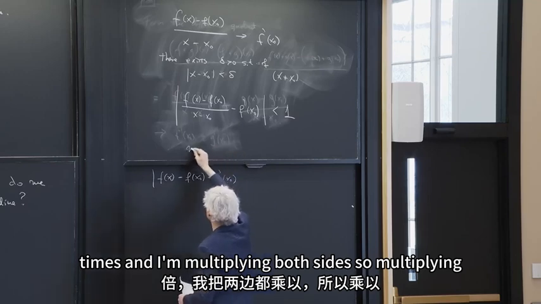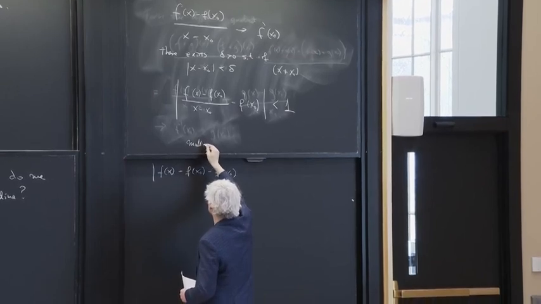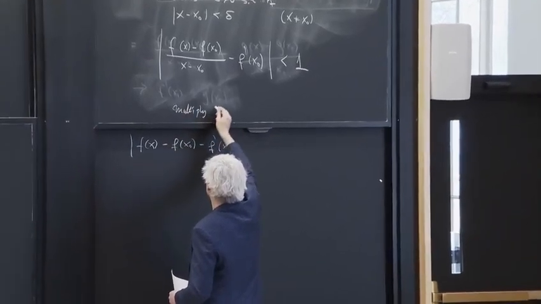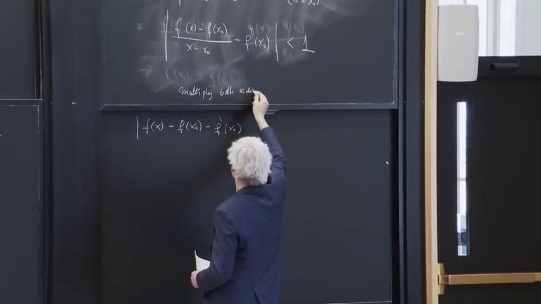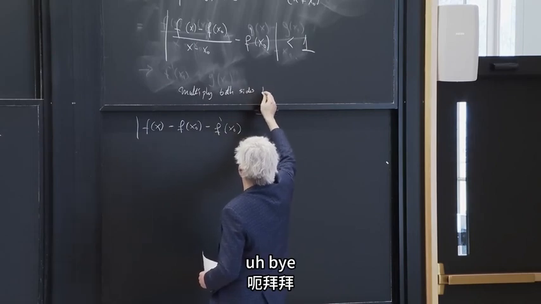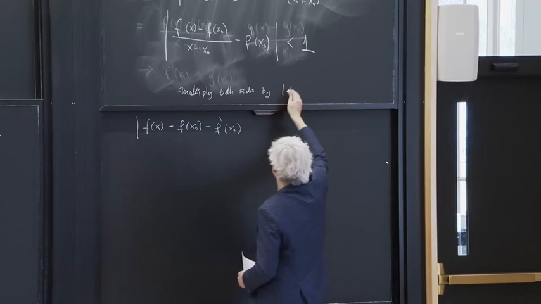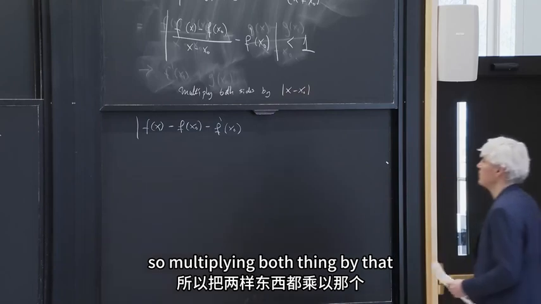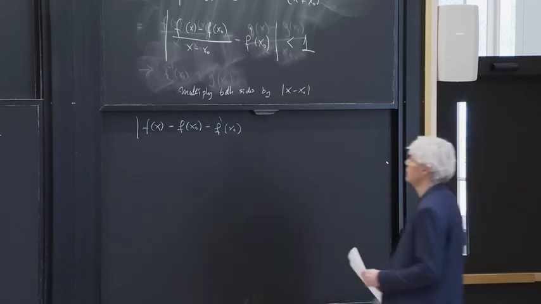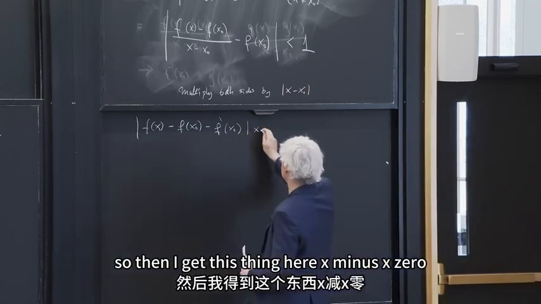I'm multiplying both sides by the absolute value of x minus x0. This is a positive thing, so I'm multiplying both sides by that.